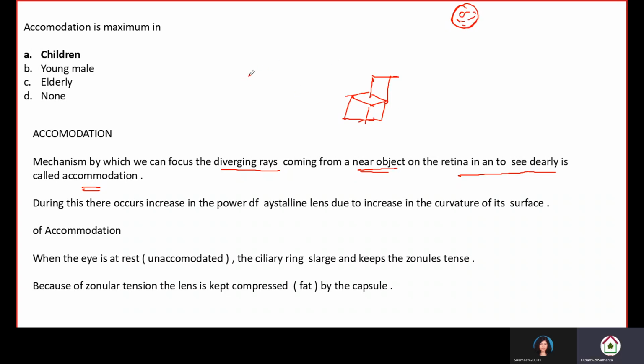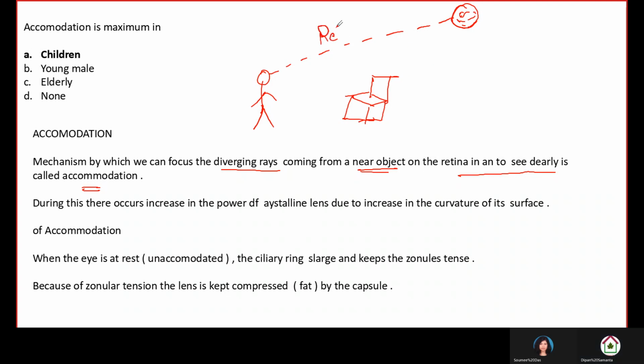Now first, if we look at the moon, obviously the lens focus should be more relaxed.